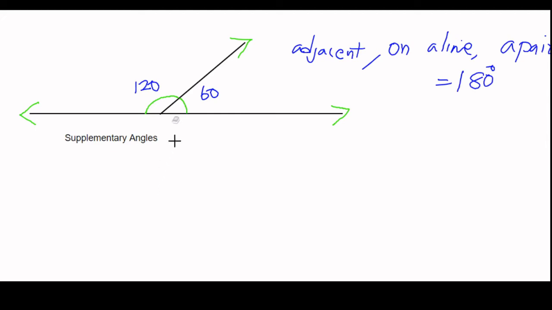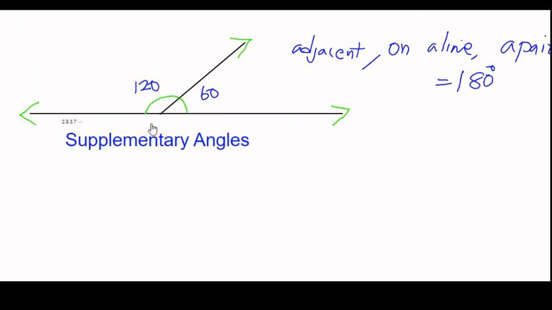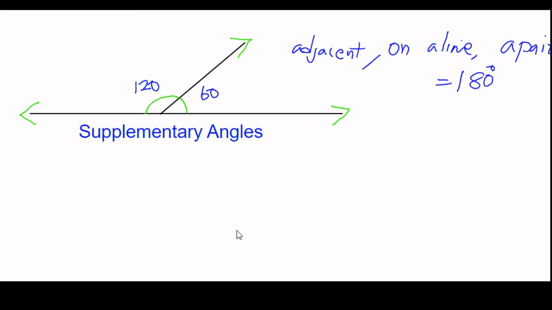A pair of angles having its total measure equal to 180 degrees are named as supplementary angles. So from adjacent angles to complementary angles to supplementary angles now. Complementary angles were when the total is 90 degrees. Here is a set or pair of angles whose total is equal to 180 degrees, named as supplementary angles.